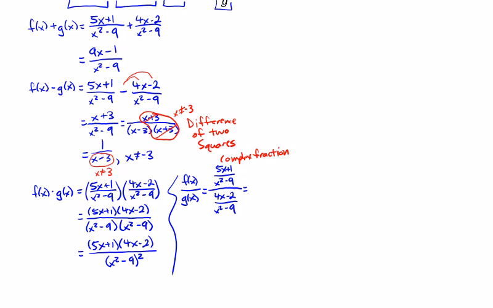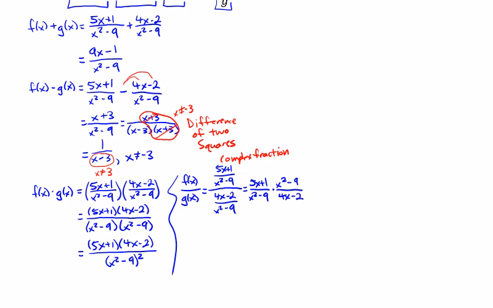So we're going to leave the first fraction, 5x plus 1 over x squared minus 9. We're not going to do anything with that. We're going to change the quotient into a product. And in order to do that, I can't just do that for free. In order to do that, I'm then going to switch the fraction that I have into its reciprocal. So x squared minus 9 over 4x minus 2.